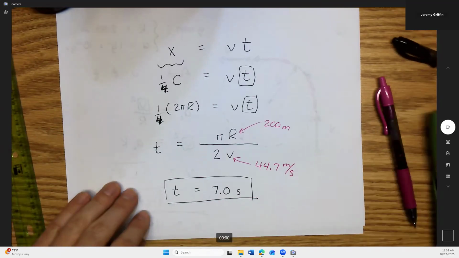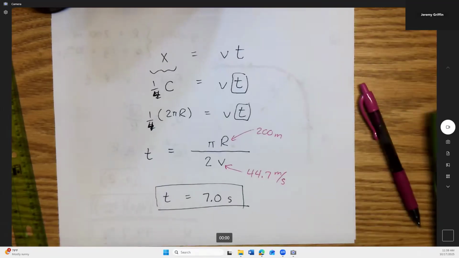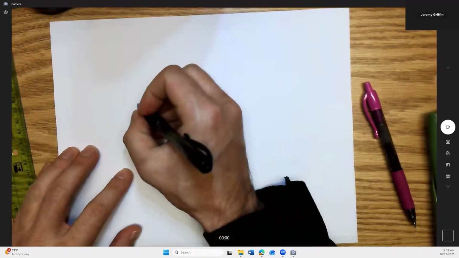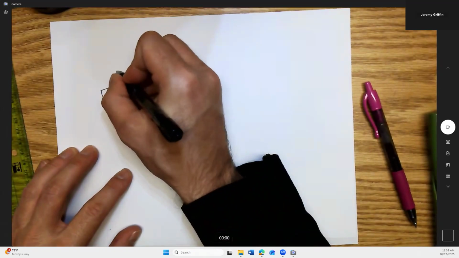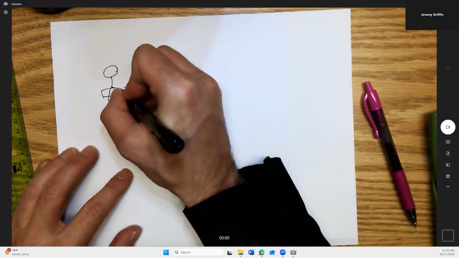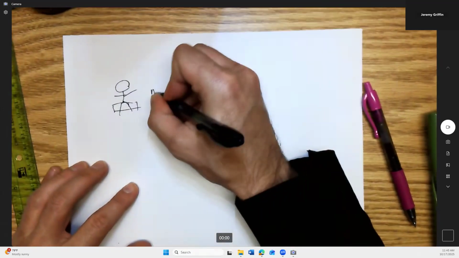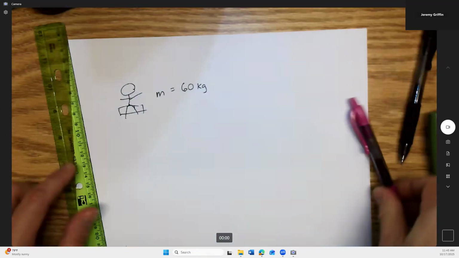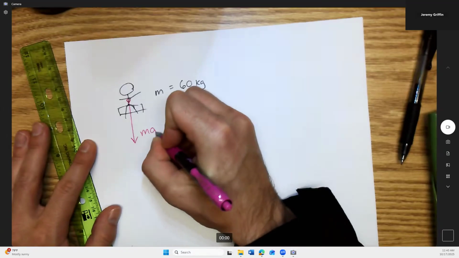How about this? What would it feel like inside the plane? Or maybe here's a better way to quantify that. Suppose you're sitting on a bathroom scale on your seat. Here's you sitting here, hanging out. Let's say you have a mass, I'm just going to make up a mass, of 60 kilograms, and therefore you have a weight of about what?